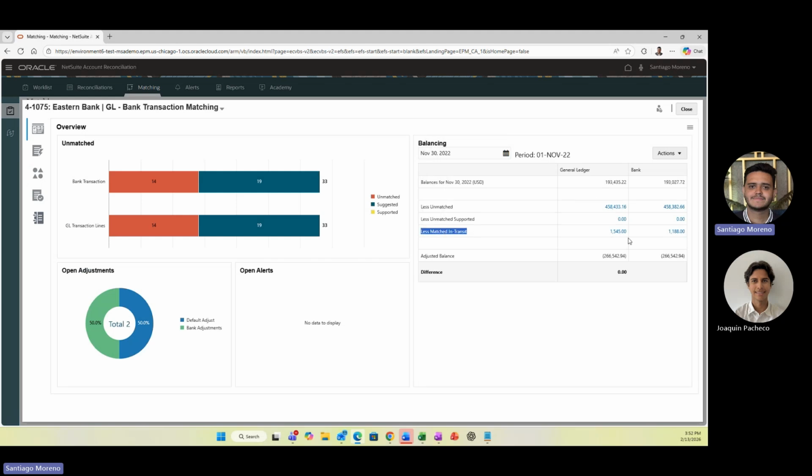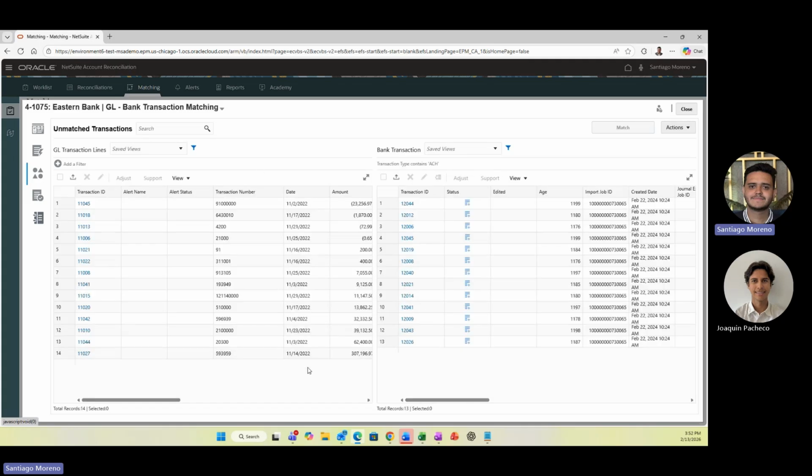Because as we keep removing transactions that we have identified, you're also going to review the less unmatched amounts that you got in here. That's really important. So you can see that right now we have, for example, $458,000 pending to be matched or to be explained.